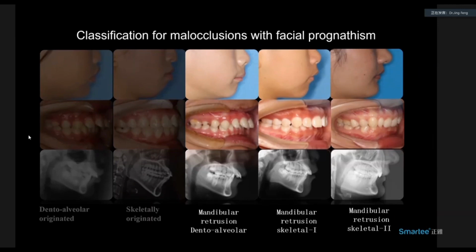Mandibular position is retruded, translated backward, and they all have class 2 molar relationship. If you have these 3 categories, they are the strong indication for the SGTB.